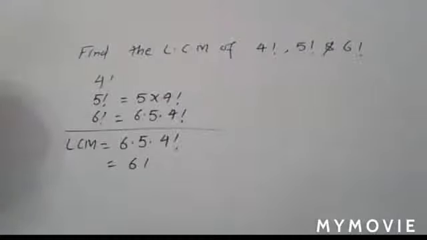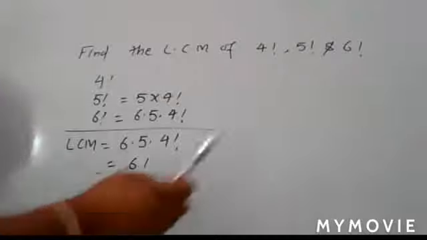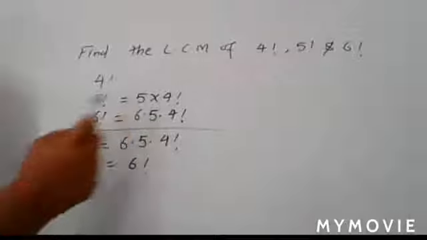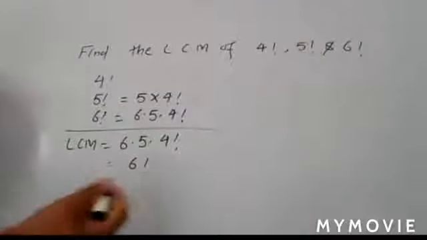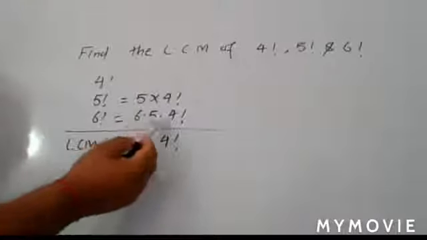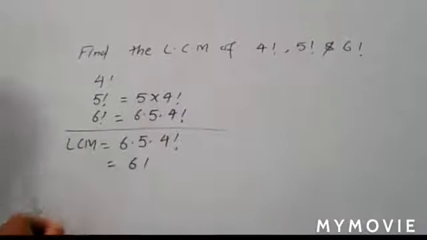So one thing you see here is that the LCM of factorials is always the greater number. The greater number is factorial 6, because factorial 6 contains factorial 5 and factorial 4 also. Understand? If you expand factorial 6, you can write it as 6 into 5 factorial.